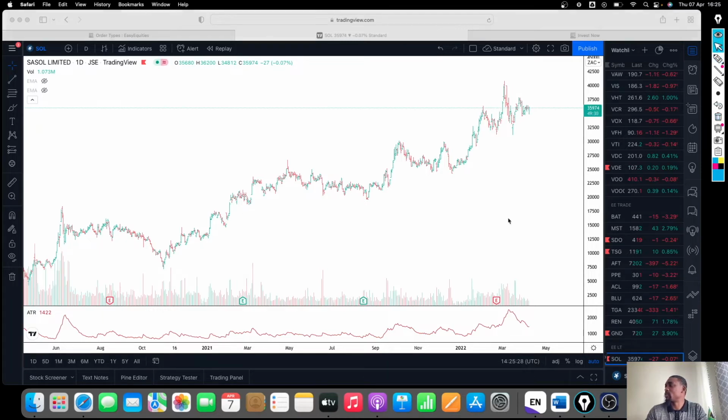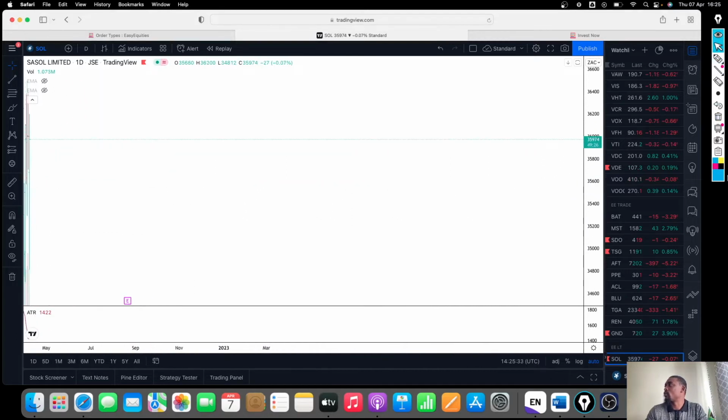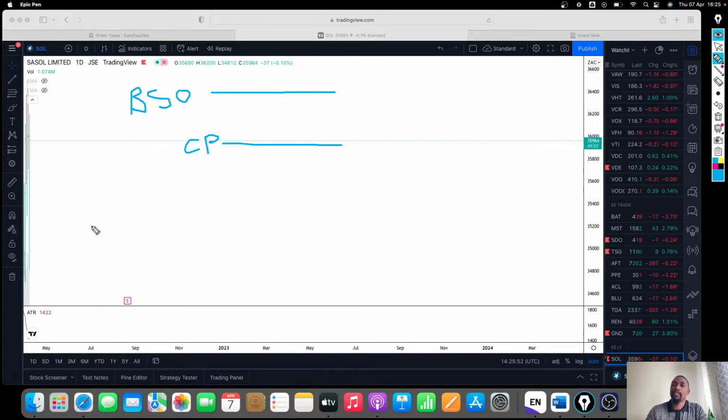Just to touch briefly on the order types that I mostly use, I'm just going to move the chart here. The two order types that I use: the first is a buy stop order, which I will abbreviate as BSO. Here we have the current share price, and the buy stop order is going to be above it. But if you expect the share price to go lower, then you put in a limit order.